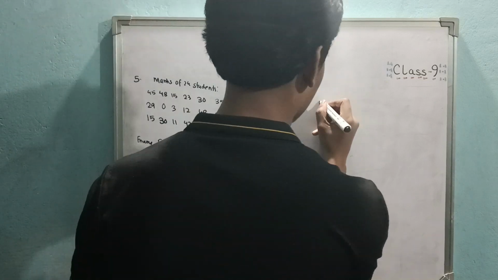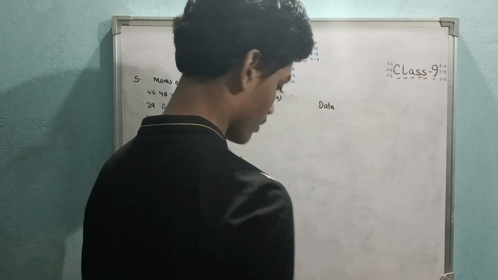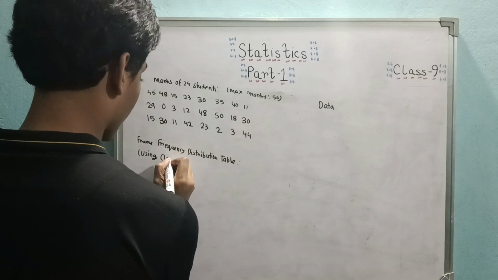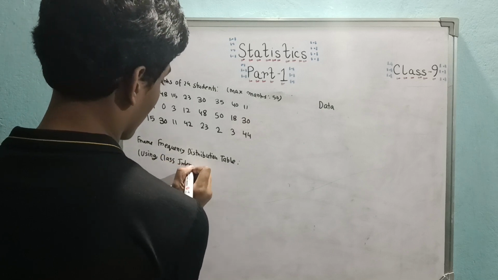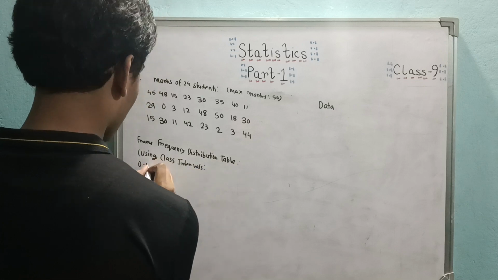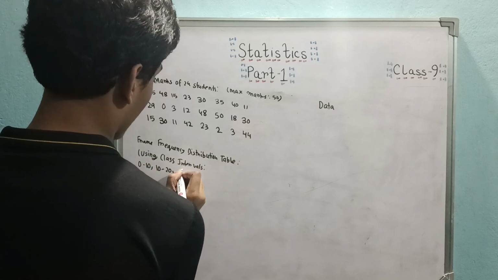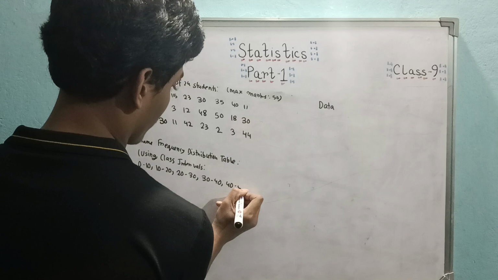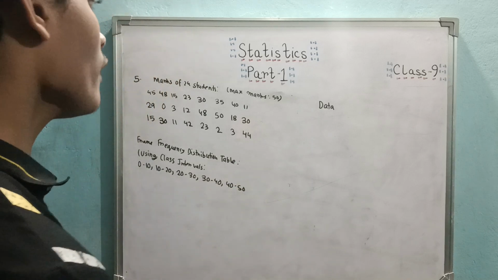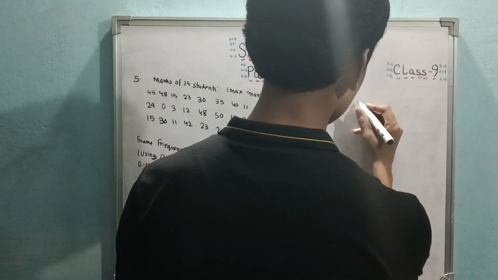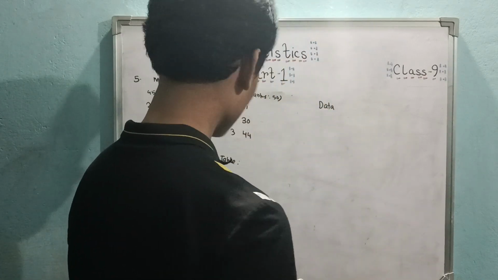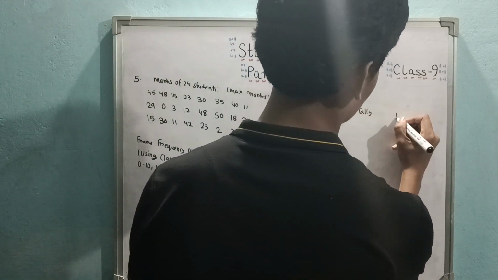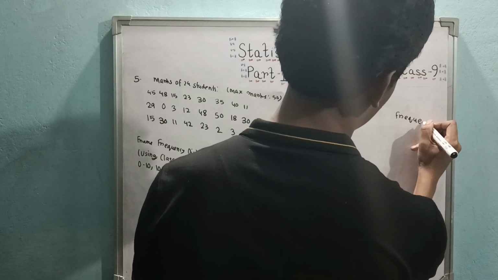Here you have data, and I am going to explain class intervals: 0 to 10, 10 to 20, 20 to 30, 30 to 40, 40 to 50. The format is data, then tally, then frequency.